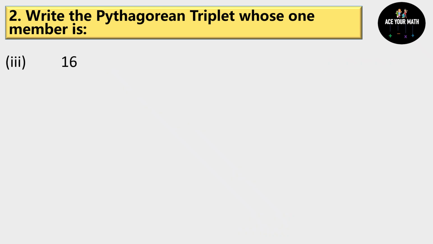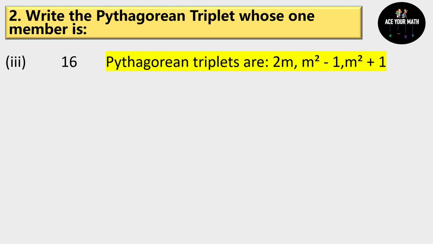Now let's do the third sum. Write the Pythagorean triplet whose one member is 16. We know the formula: 2m, m square minus 1, m square plus 1. This time, let's say 2m equal to 16. Now we need the value of m. So 2 will go on the other side, and you will say 16 divided by 2. So the value of m is 8.